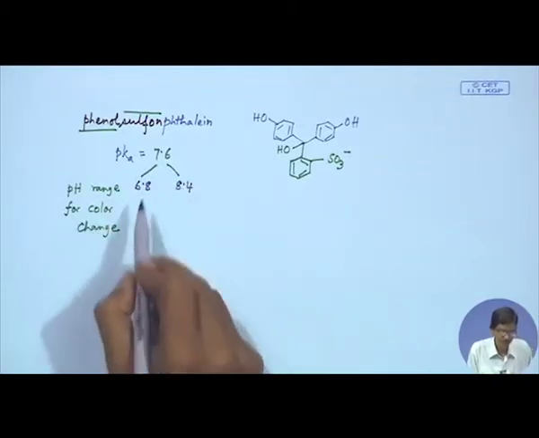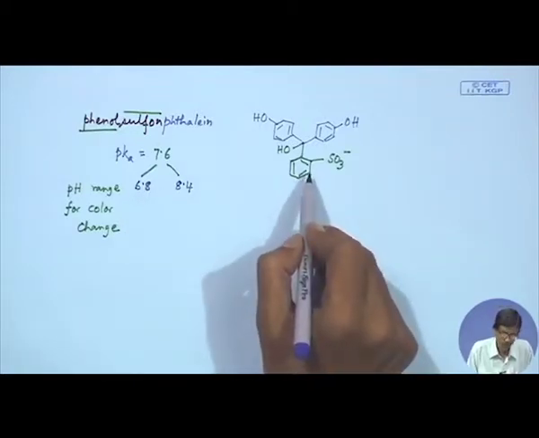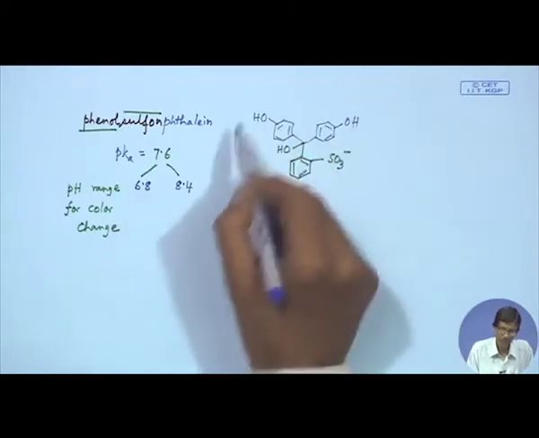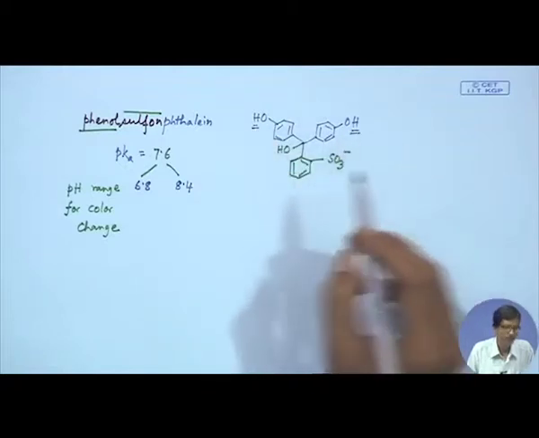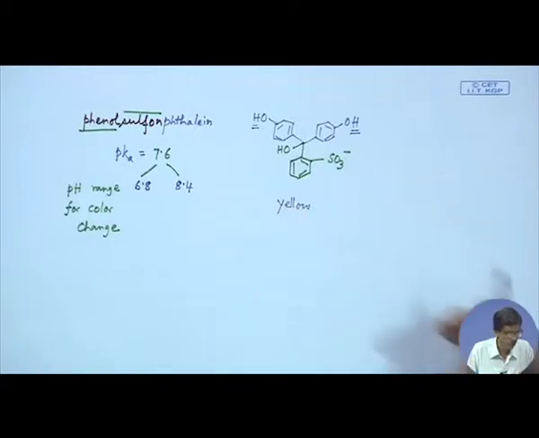When the pH is less than 6.8, the molecule in solution shows its color in the acidic form, the phenol form, and this acidic form has a yellow color.